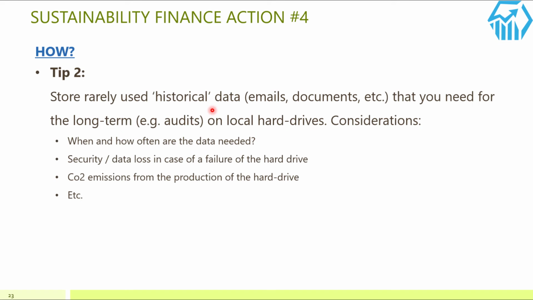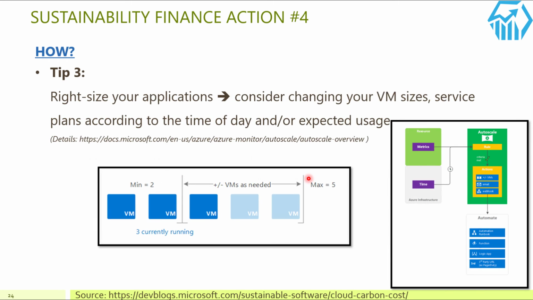Of course, if you do that, you have to think about many things. How often do you need the data? What kind of security or data loss preventions do you have in place? Also, don't forget that the hard drive also has CO2 emissions because it needs to be produced. And some of them even require energy to run. But it might be something you can have a look at.